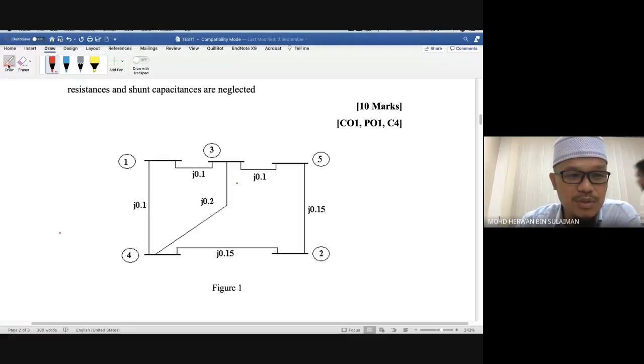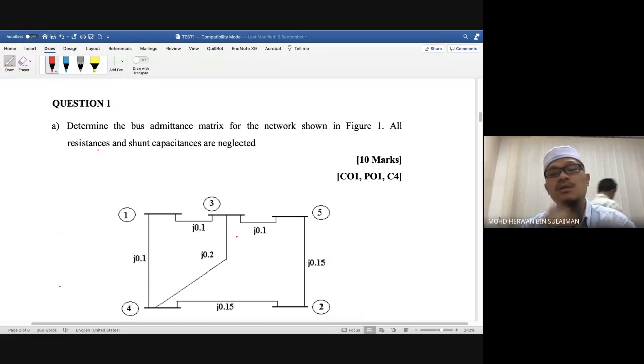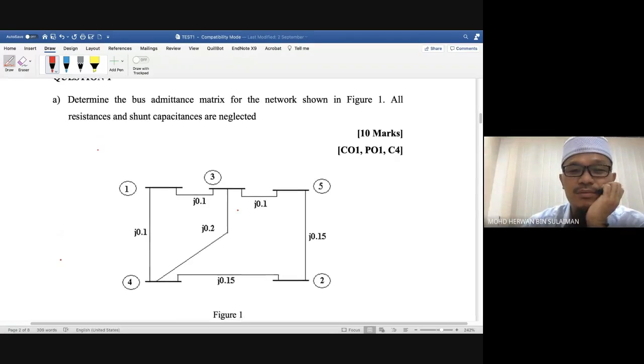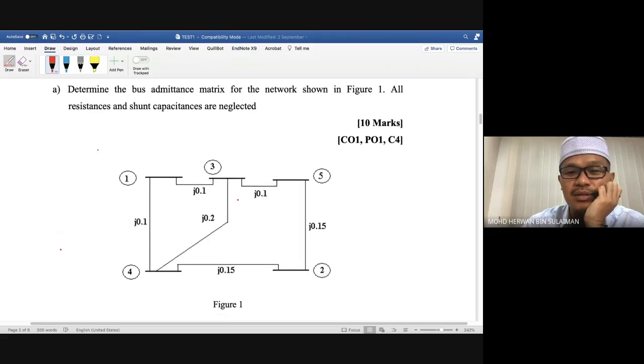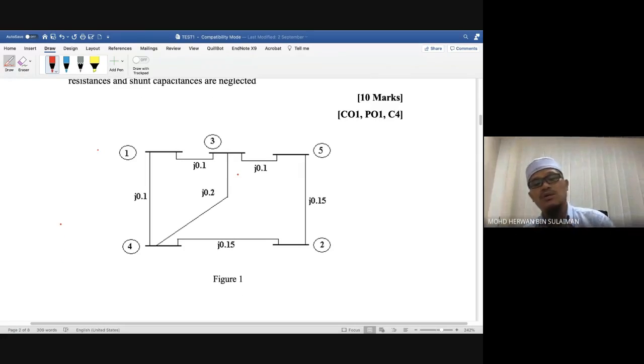Okay, so ni example. Soalan dia ialah determine the bus admittance matrix for the network shown in figure 1, resistance and capacitance are neglected. So yang ni saya boleh buat sendiri kot. Okay, so ni Z lah.